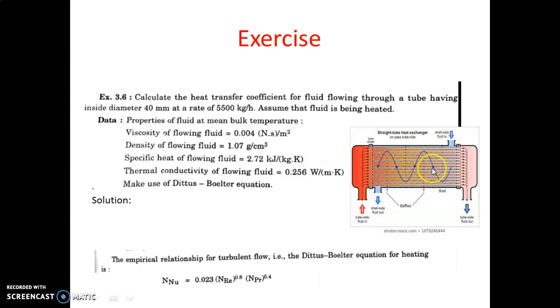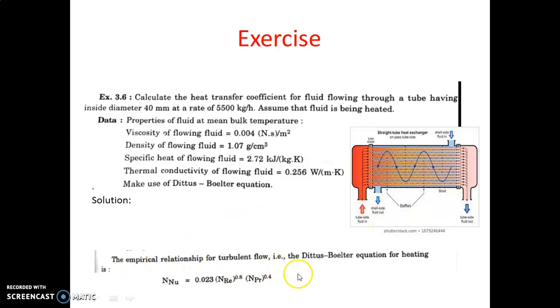The first one is the inside, which is called tube side, and another one is called shell side, that is outside. So here we are going to calculate for the tube side fluid. The properties of this fluid are for the tube side, that means the fluid which is passing through the tubes.